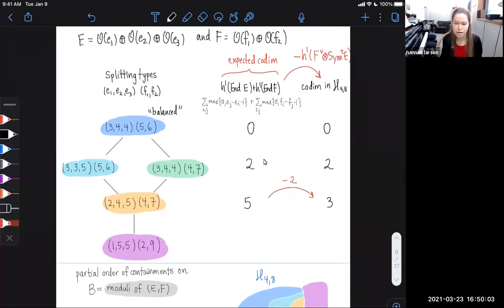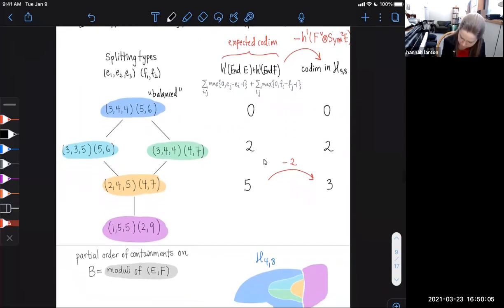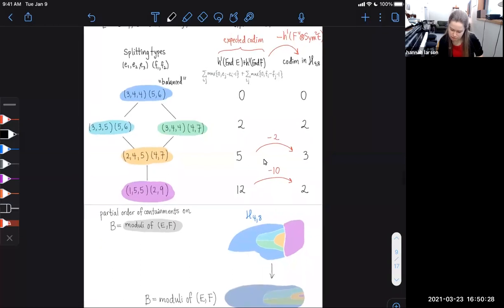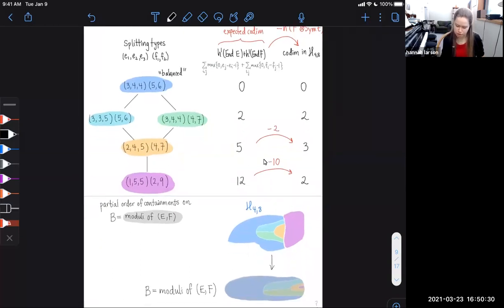And then on the bottom row, we have even more unbalanced bundles. The expected codimension is 12, but there's a correction term of -10. So this actually occurs in codimension 2. The way I want you to think about this is in terms of this picture here.